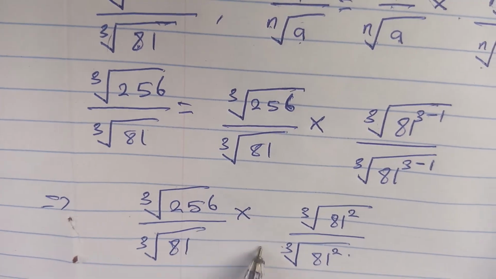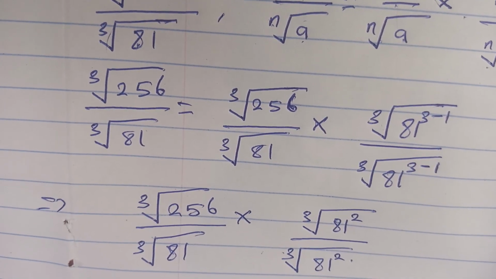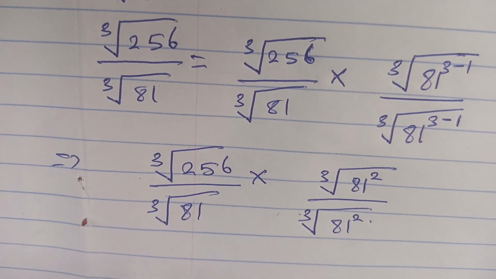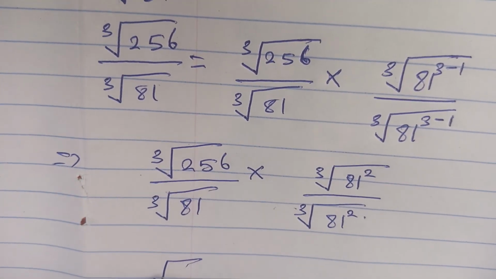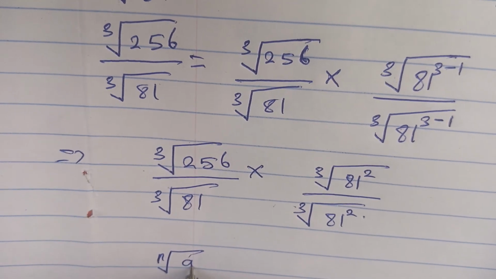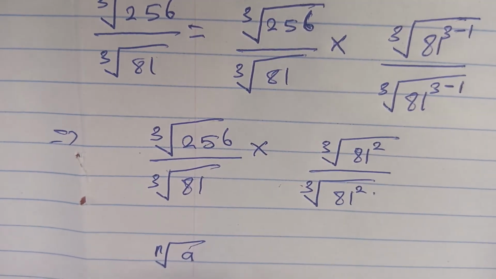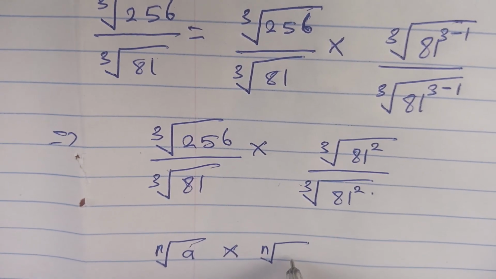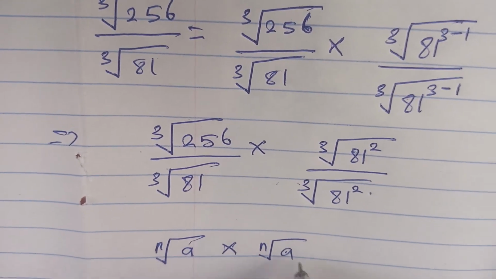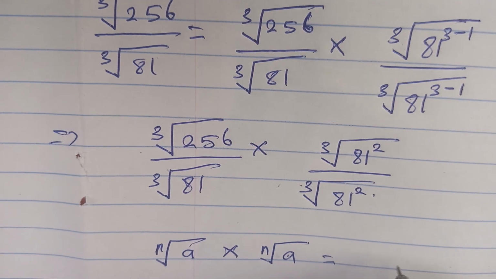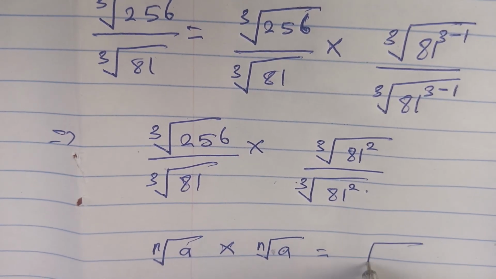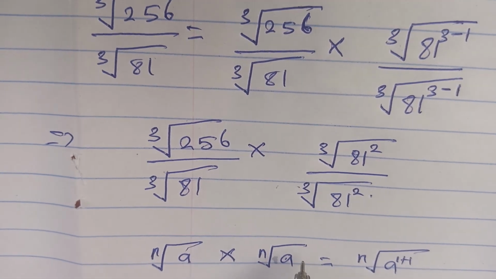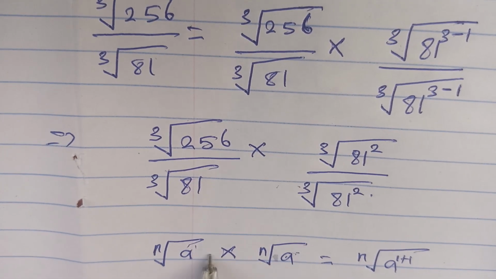From this, at this denominator, we are going to apply a simple rule. The rule says if you have the nth root of a times the nth root of a, it is also equal to the whole of the nth root of a to the power of 1 plus 1, because both of them have an exponent of 1.